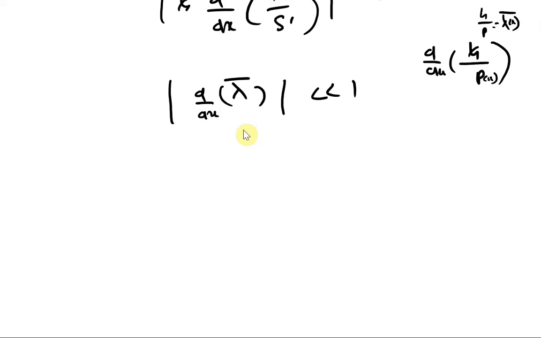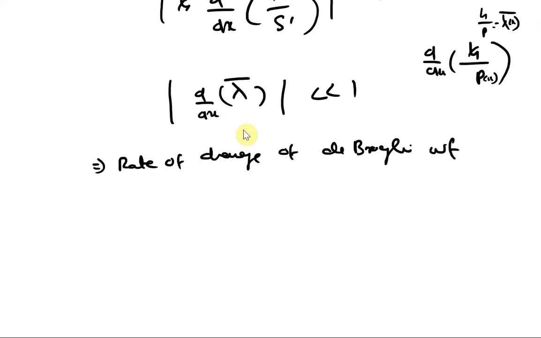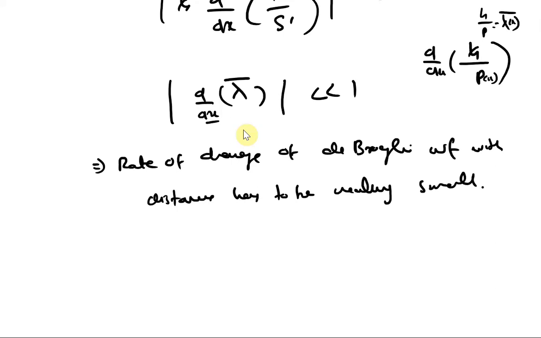It is nothing but the rate of change of the de Broglie wavelength with the variable x, with the distance, which has to be small. When the rate of change of the de Broglie wavelength with the distance is small, you can indeed apply this approximation scheme.